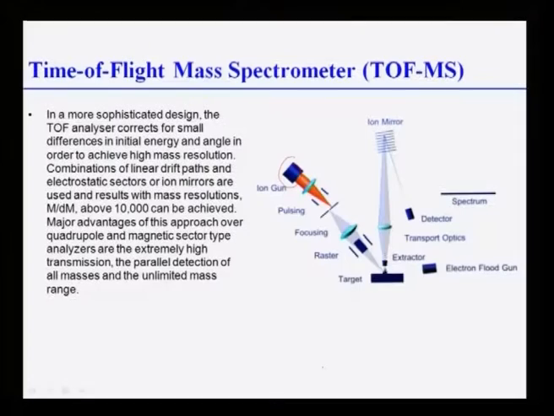This is widely used worldwide now, and it has many advantages. If I go back to the previous slide, that is what is done in the ion mirror, between the extractor and the detector. The secondary ions having the same kinetic energy drift through a path of certain length and get separated out. Then we can plot and get an idea of that.